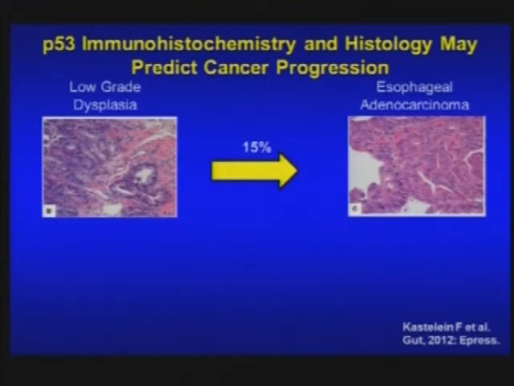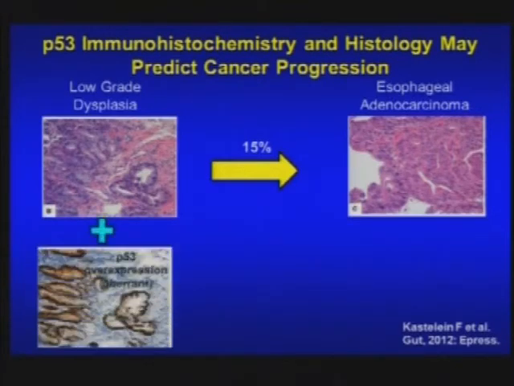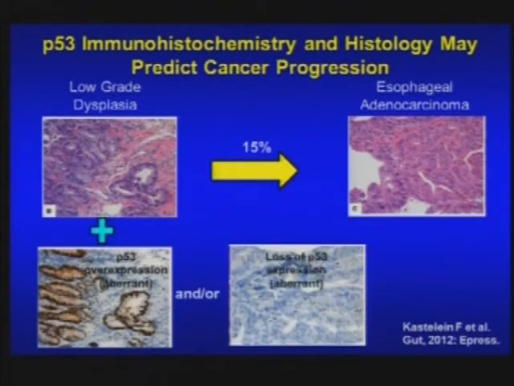However, if they combine that with aberrant p53 expression, which meant p53 was either overexpressed, as shown here, or there was loss of p53 expression, either one of these, combined with low-grade dysplasia, had a positive predictive value of 33% in detecting those that were going on to esophageal adenocarcinoma.